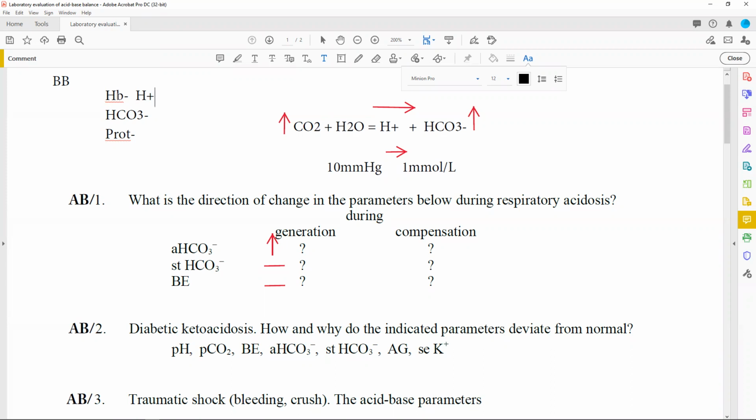All right? So you are losing one component of the basic component of the buffer system, but you are gaining another one, because one molecule of proton is made and one molecule of hemoglobin is lost, but one molecule of an anion is gained as a bicarbonate.